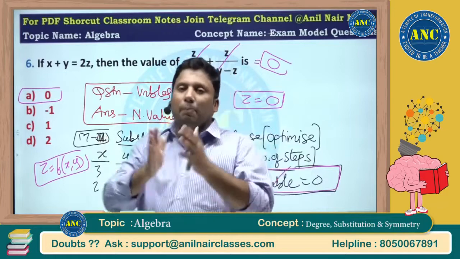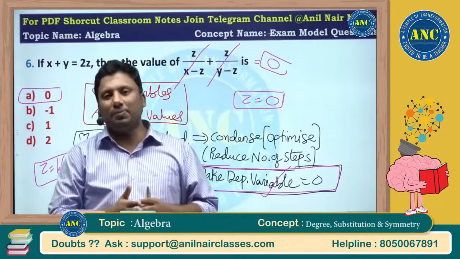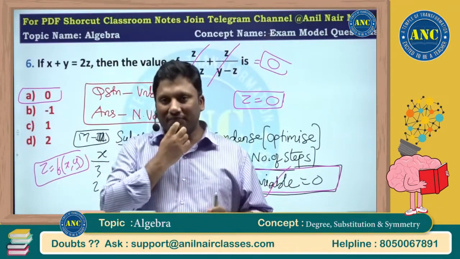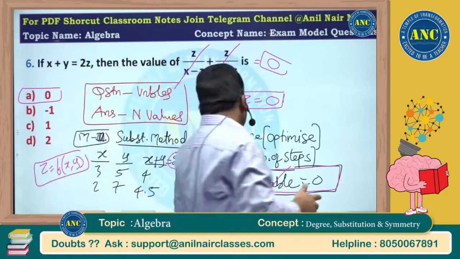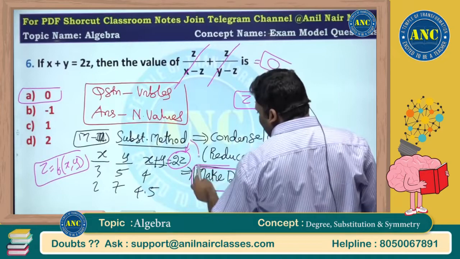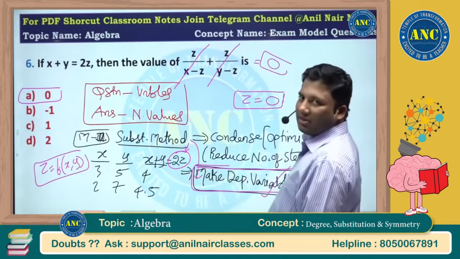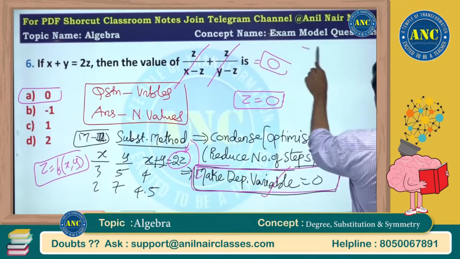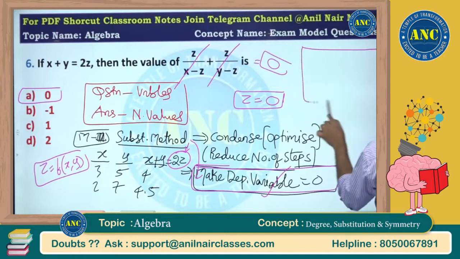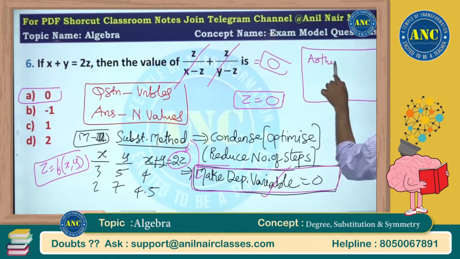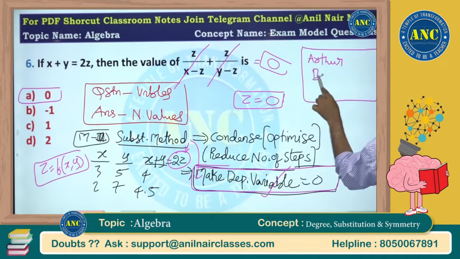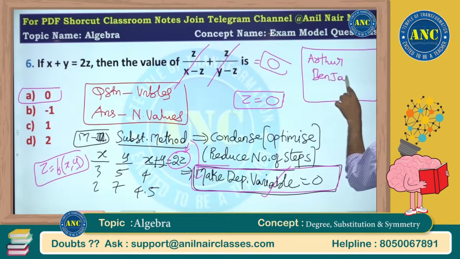What is this dependent variable 0 concept? The dependent variable 0 concept is a condensed method of substitution, very beautifully explained in a book on speed calculations by Arthur Benjamin.